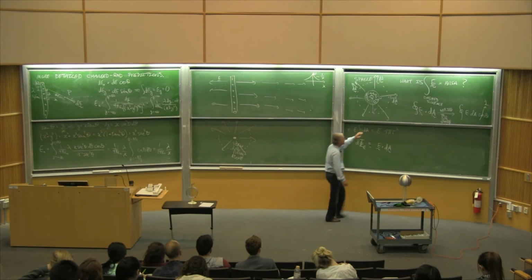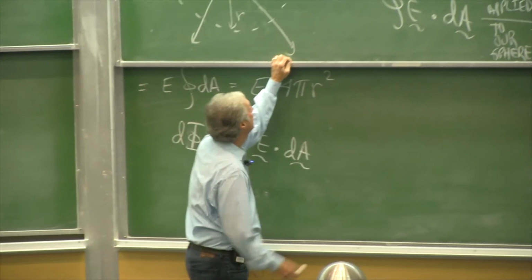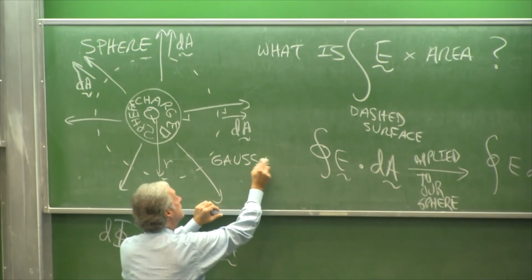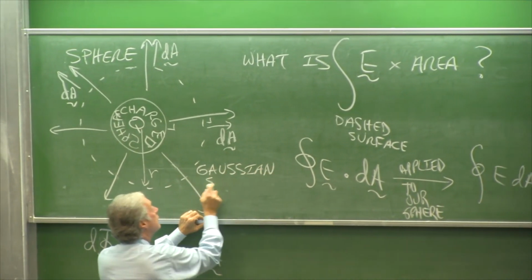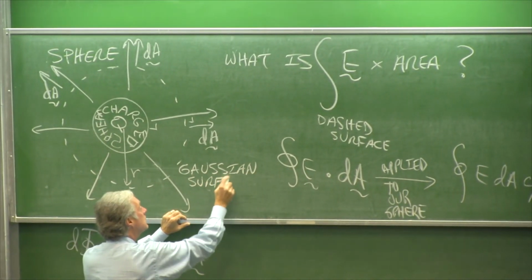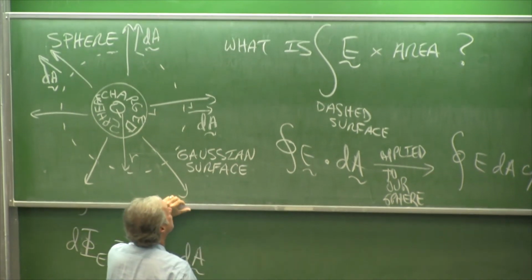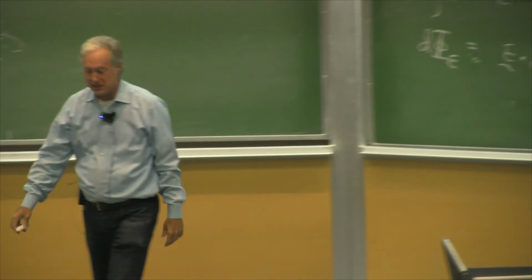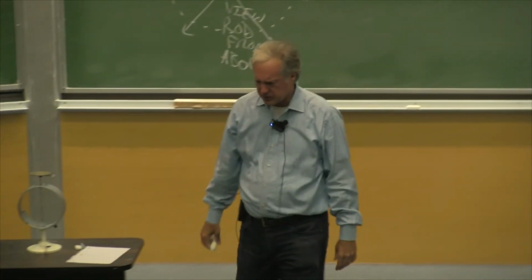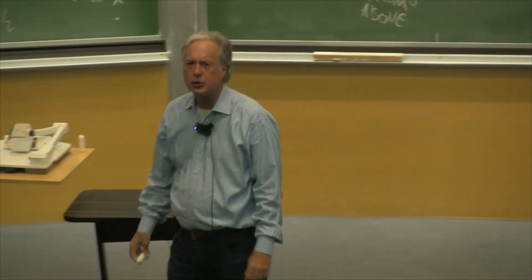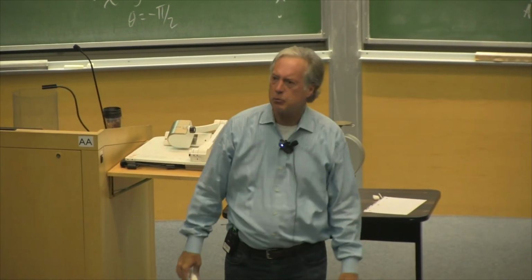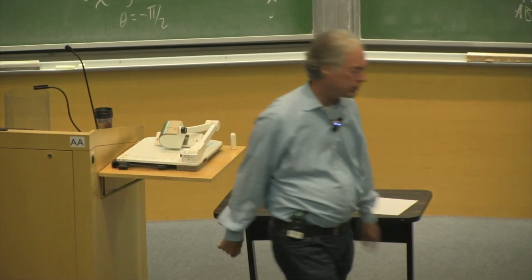This imagined sphere has a name. We call it a Gaussian surface, named after Gauss. I suspect, I don't know my history very well, but I suspect Gauss at least spoke German and may have been some kind of precursor of German.